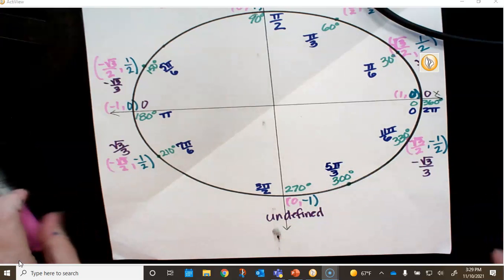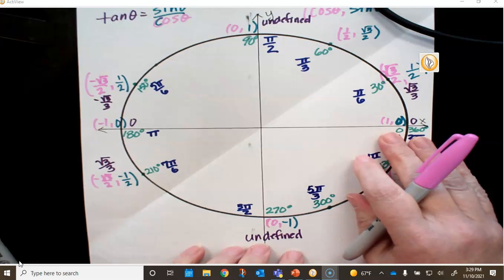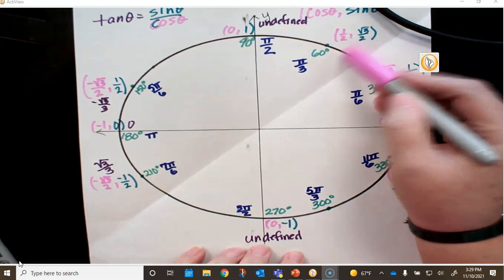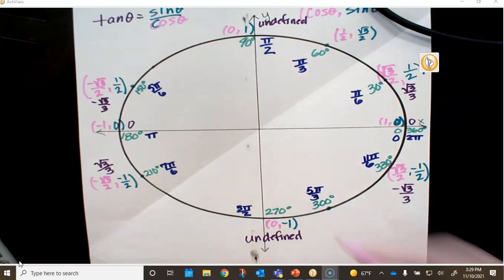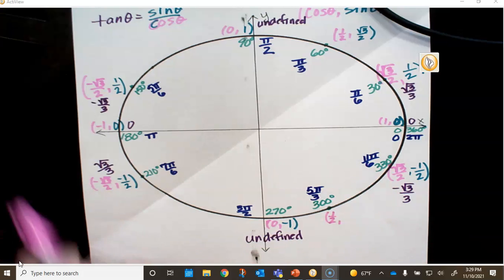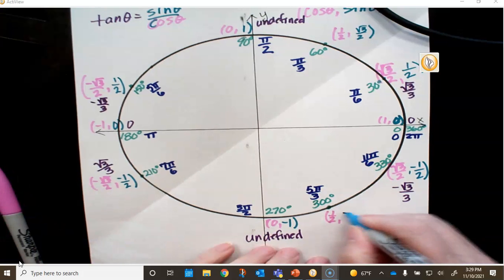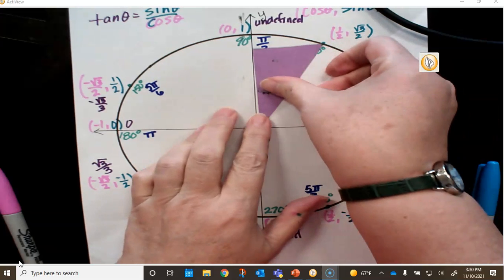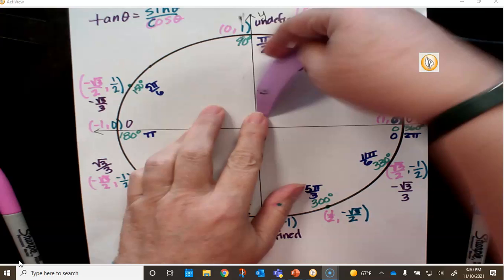Now, what's my ordered pair? Well, my ordered pair up here is positive 1/2 and positive square root of 3 over 2. When I reflect to the 4th quadrant, the x stays the same, and the y is the opposite. And there's that ordered pair. So now what if I reflect instead, take this 60, which I had marked like this, and I move it to the 2nd quadrant.